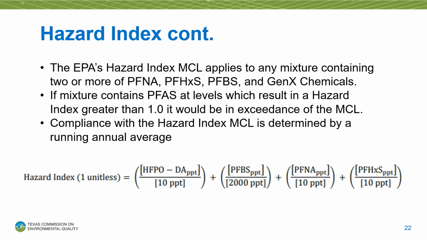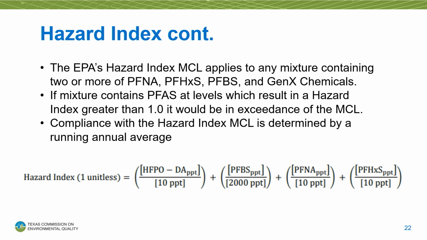So if a mixture contains PFAS at levels which result in a hazard index greater than 1, it would be in exceedance of the MCL. Compliance with the MCL, if you're on quarterly, would be determined by a running annual average. So each quarter you would add that up and then base it off a running annual average.